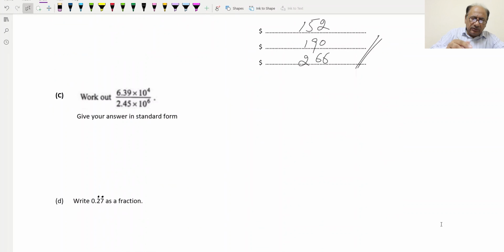Now the C part, we have to work out this fraction and give the answer in standard form.